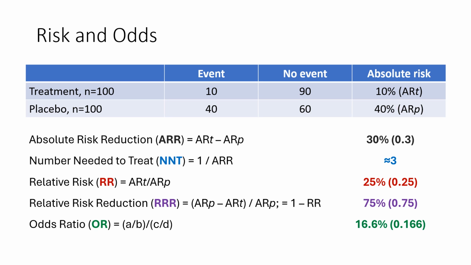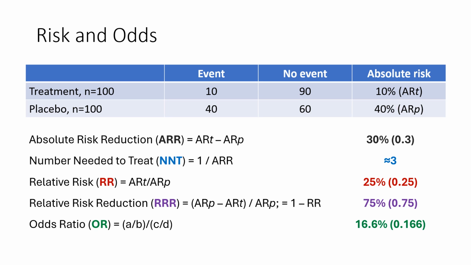Relative risk is the product of 10 divided by 40, which is 25%, and we can say that the relative risk reduction is accordingly 75% or 0.75. Odds ratio is a different concept, and in this example, it's around 17% or 0.17.